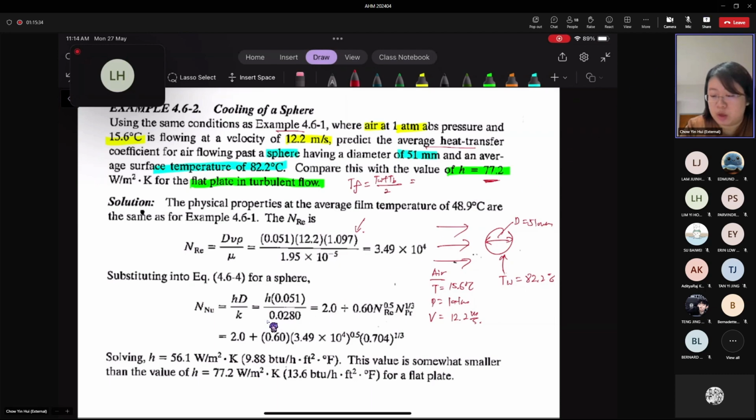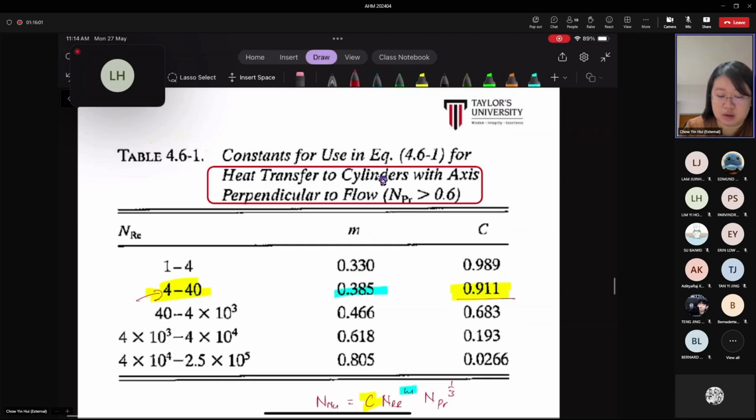The wall temperature is 82.2, the bulk fluid temperature is 15.6, divided by 2, so you should get 48.9 degrees Celsius. All the data that you see here, the density and the viscosity, are evaluated at 48.9. Now if we calculate the Reynolds number, I think this is the same answer as the, let me check.